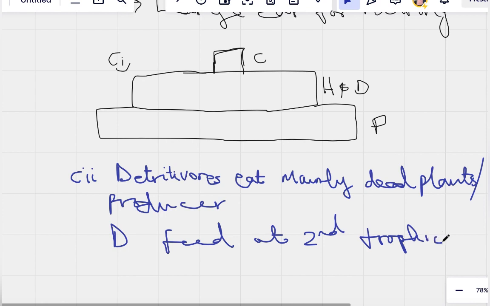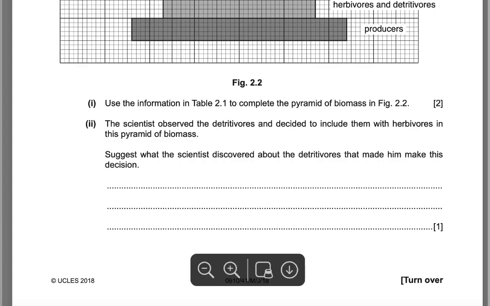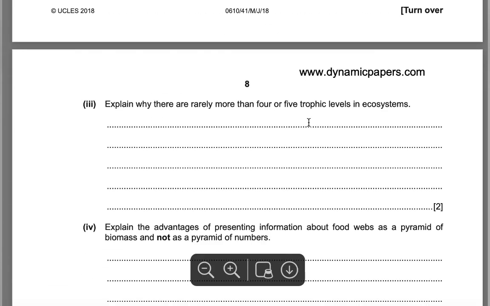They feed at the second trophic level. So that's why they are just the primary consumers. Because they are primary consumers, they fit into this group. So let's move to the next question. It's just 1 mark. 1 point is enough.